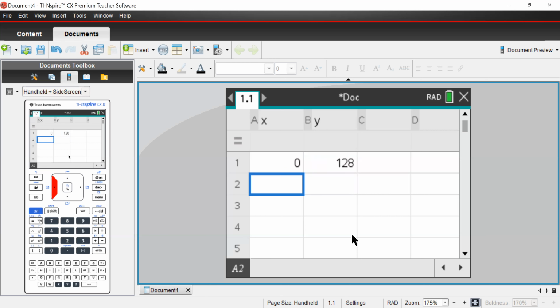So every single temperature reading, you will subtract 72. So at 0, it becomes 128. At 20, it becomes 105.